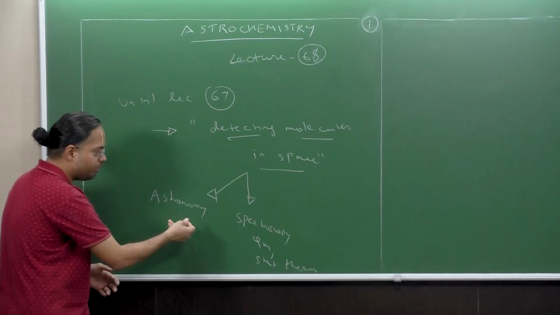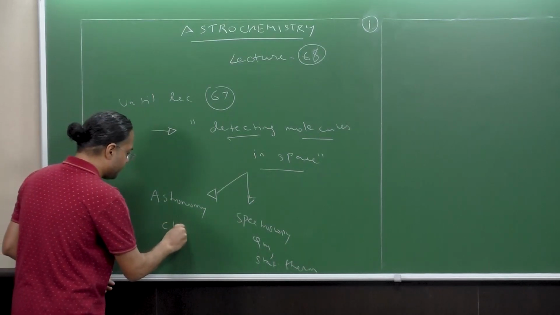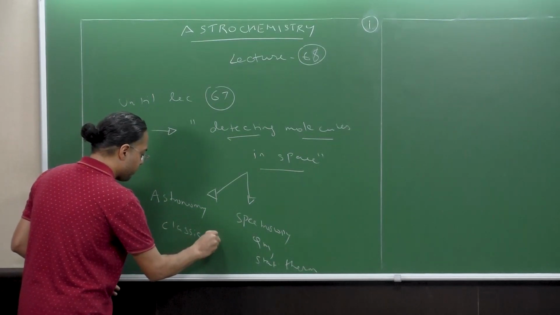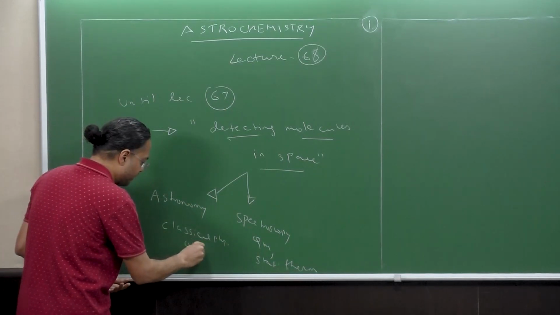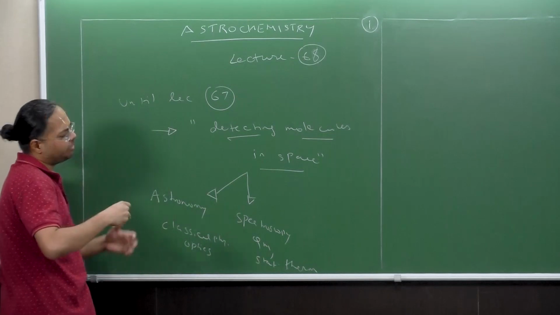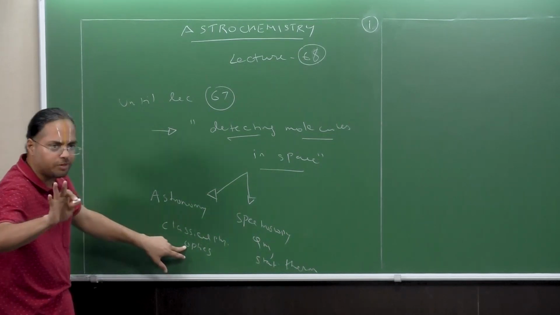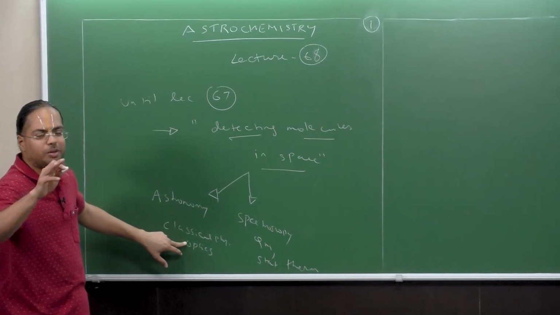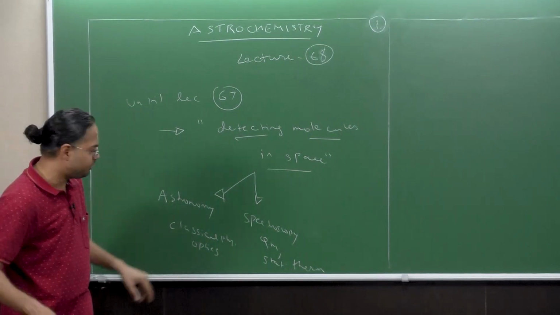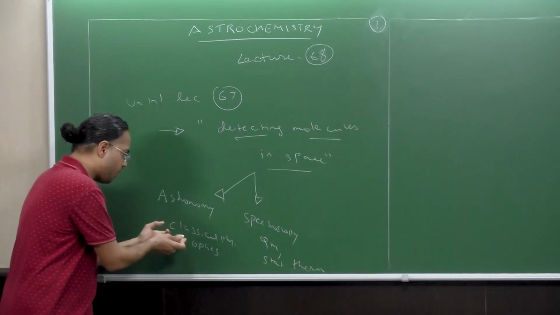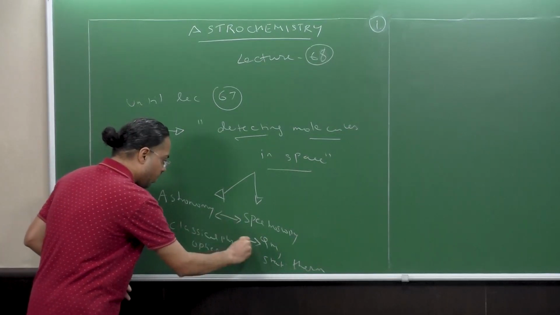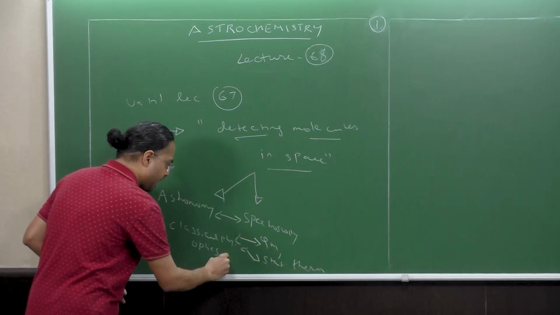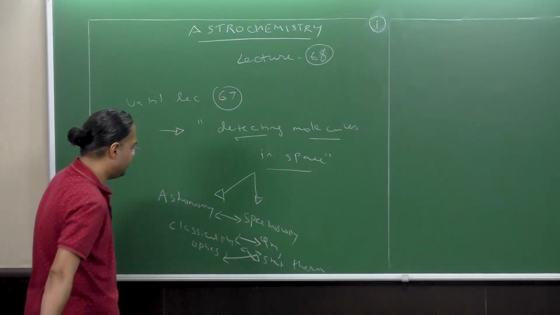As part of astronomy, you needed a lot of classical physics, some optics and thermodynamics. Although we did not look into the optics aspect, we shall look into some aspects of it in the tutorials. All these areas can be interconnected.